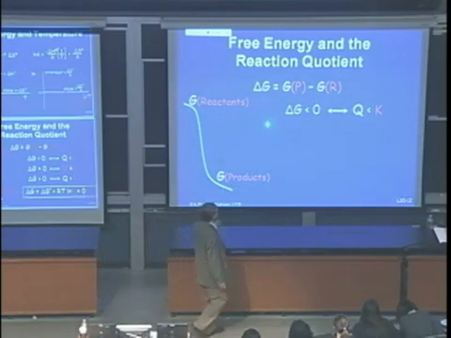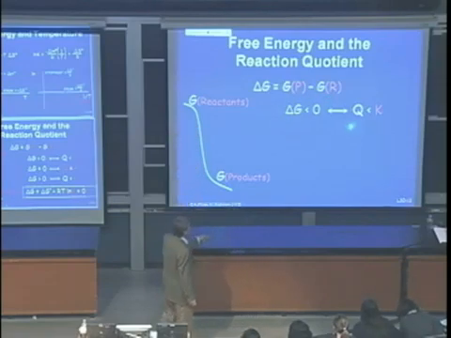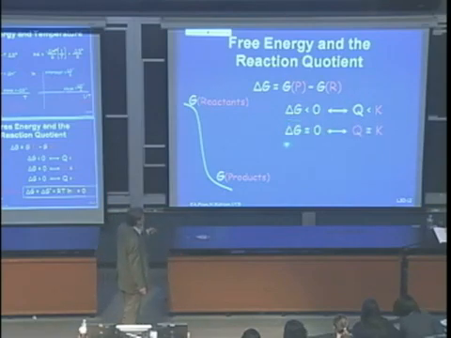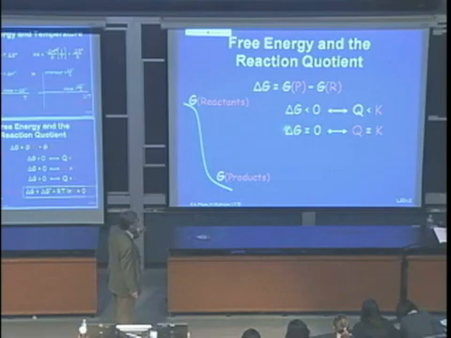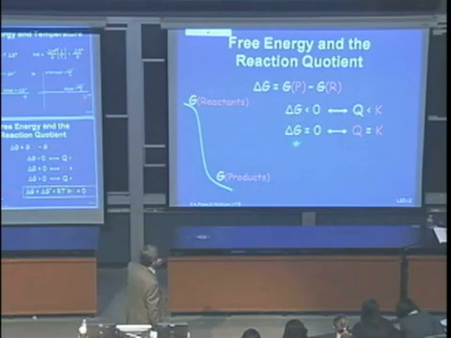So if delta G is smaller than 0, that means Q is smaller than K. And in equilibrium, delta G equals 0. It's not delta G naught equals 0, delta G equals 0. Somebody said K would be 1, but delta G equals 0, okay?